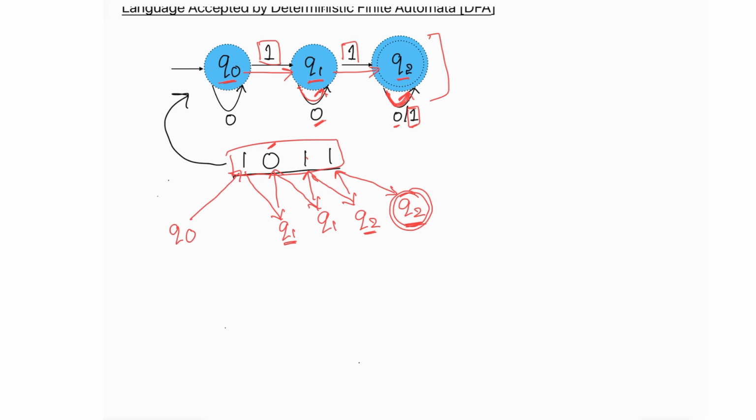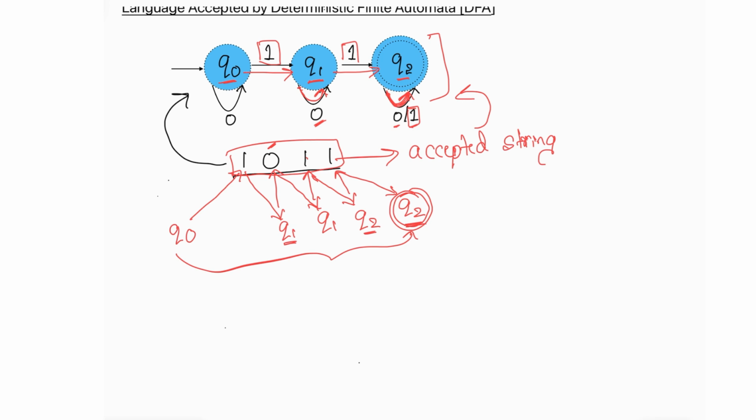So when we go on parsing like this and ultimately reach the final state at the end, then the given string is called an accepted string, and it is accepted by the above DFA.